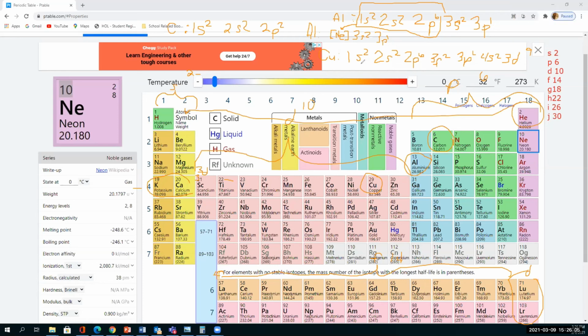Yep. Okay. So in the case of copper, if this was the correct one, we would write copper. Copper's here. What is the noble gas that's before copper? Argon. Argon. Okay, so then we go argon, then it'll be 4s2, then 3d9.